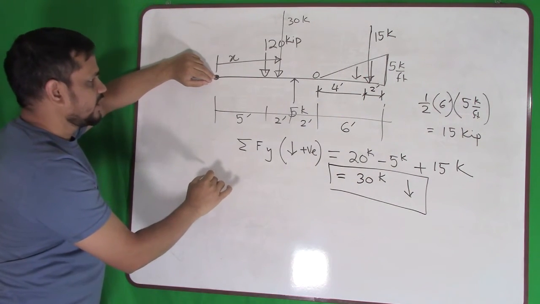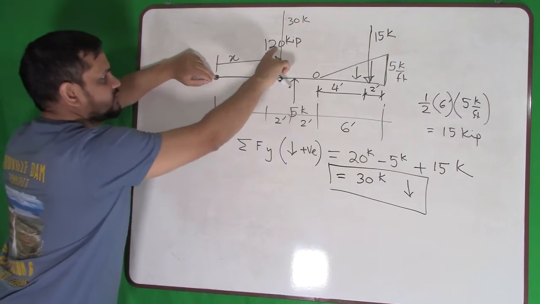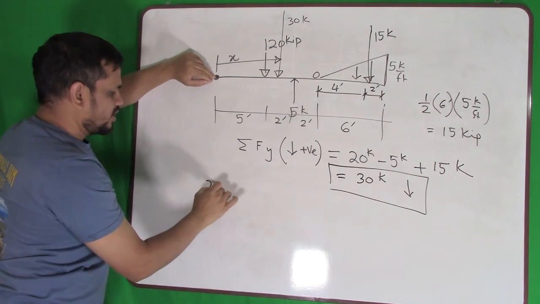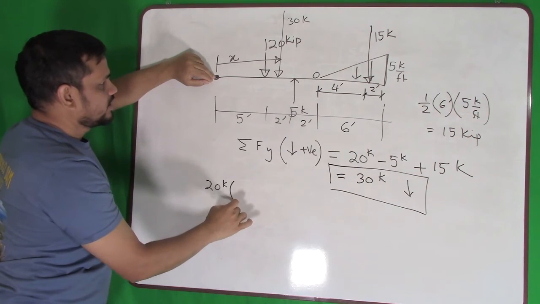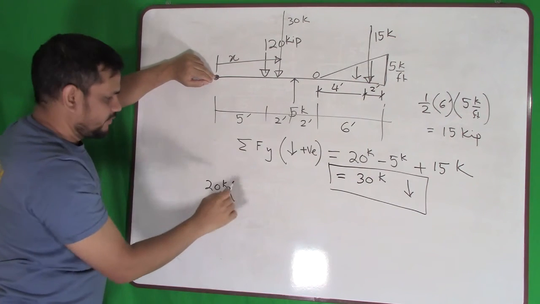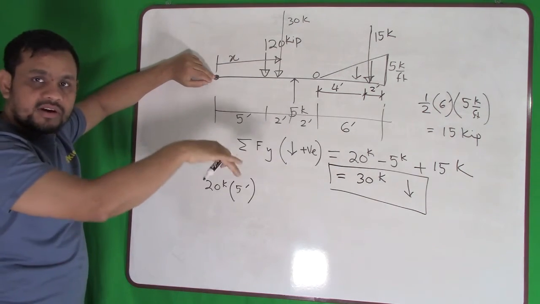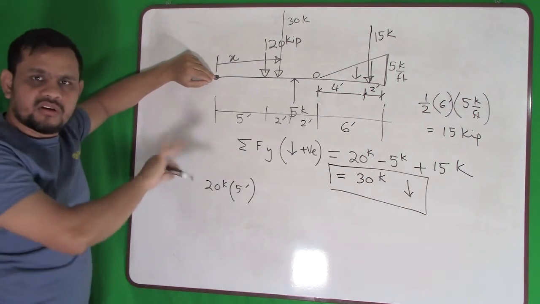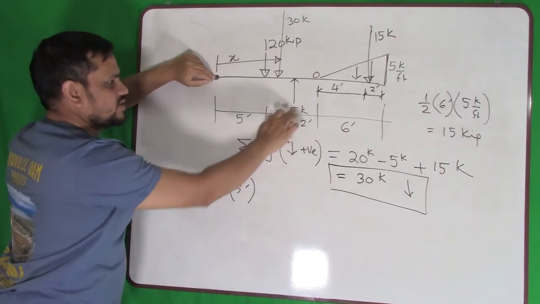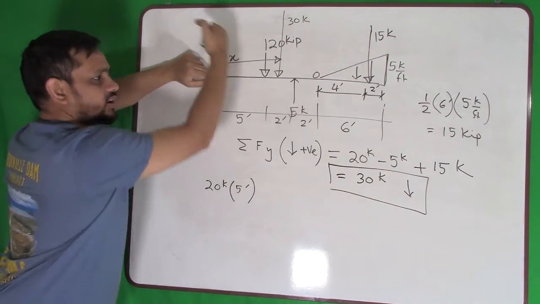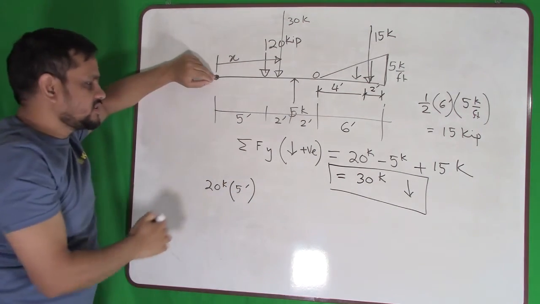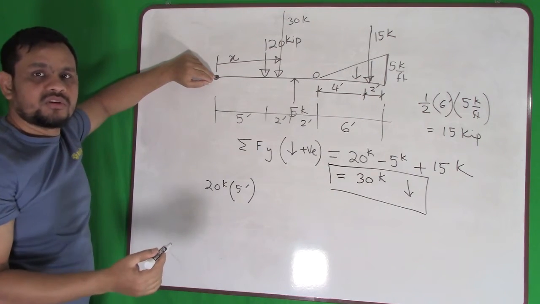So what is the moment produced by the first force? 20 kip, distance is 5 feet, and that is clockwise. I'm considering clockwise positive. This force 5 kip will give me counterclockwise. You know what is clockwise.